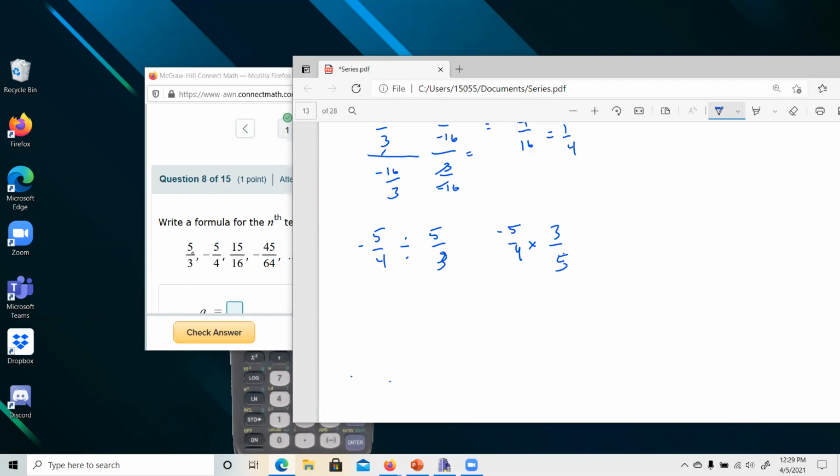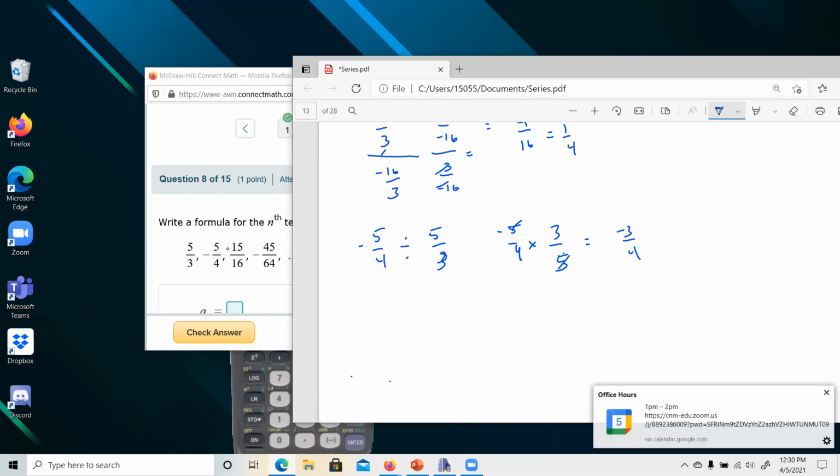And so it's alternating, so whatever we have as an r is going to be negative. That's okay. So those will cancel, and we'll end up with negative 3/4. If I multiply the next one by negative 3/4, that's what's going on here, we'll get 15 over, and then we can keep going with that.